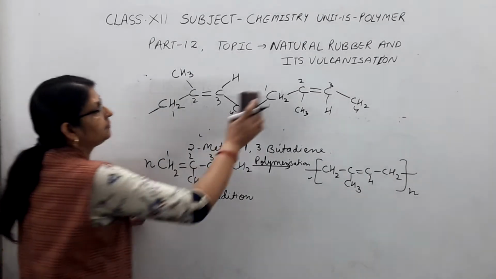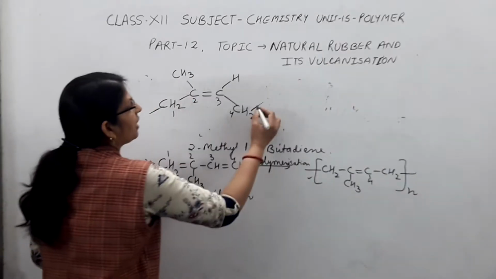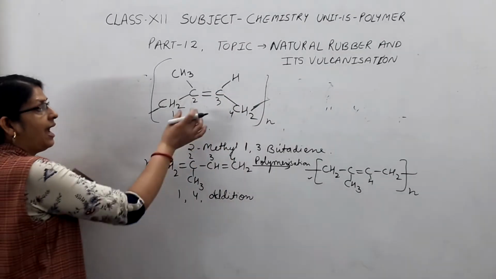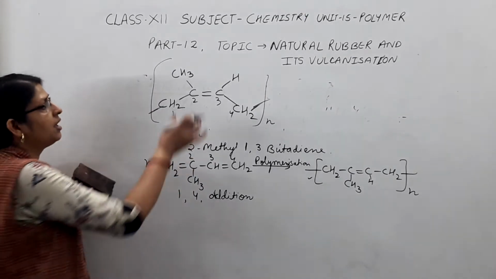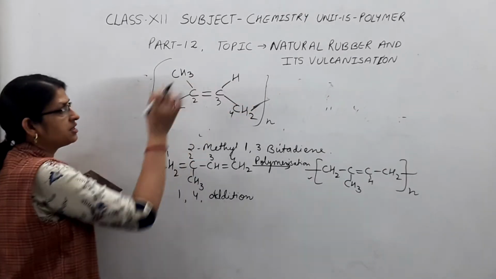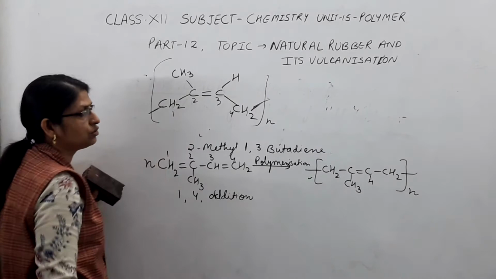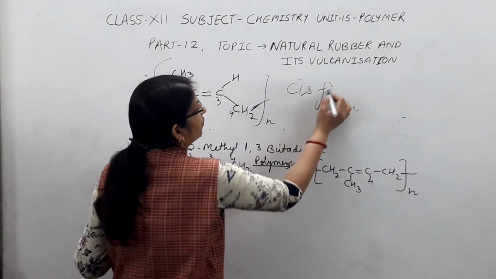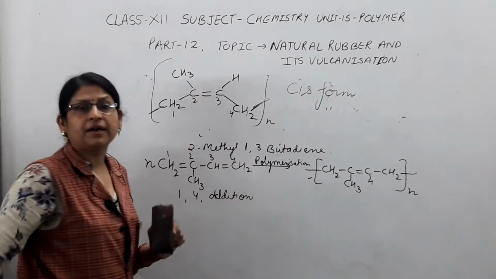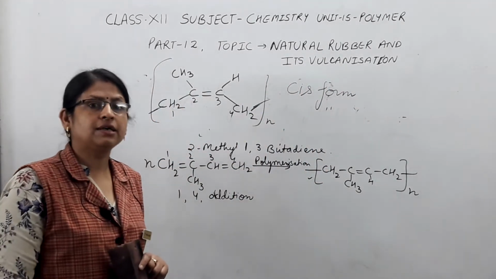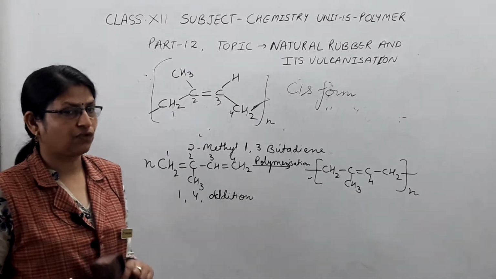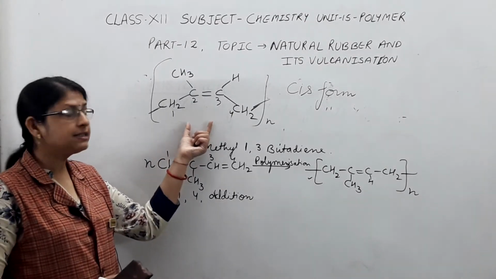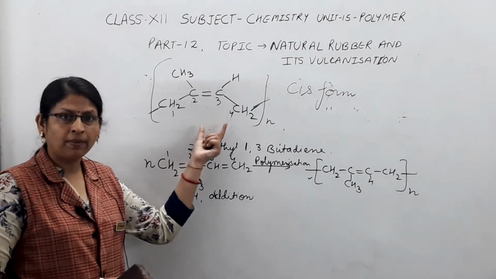So this is how two units join with each other, and it is also known as cis form. CH3 and H group are on the same side, CH2 and CH2 on the same side. This position is also known as cis form. In geometrical isomerism, we study two forms, cis and trans. The rubber obtained naturally is known as cis form.